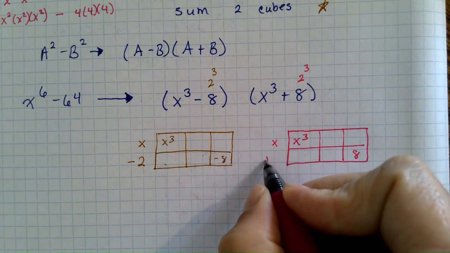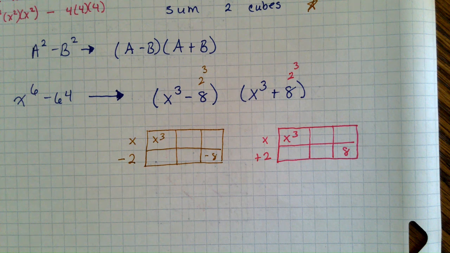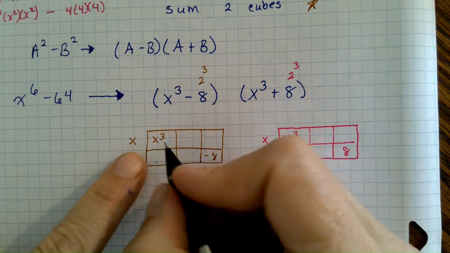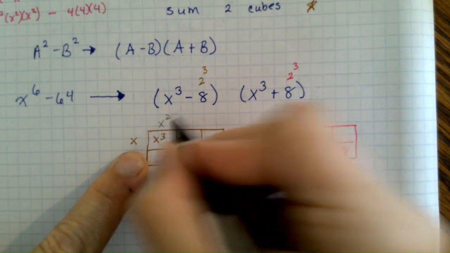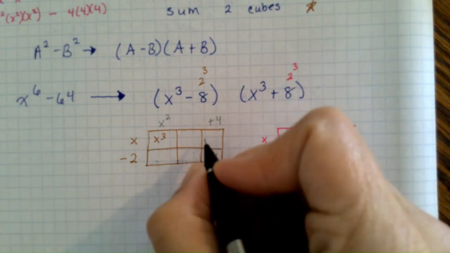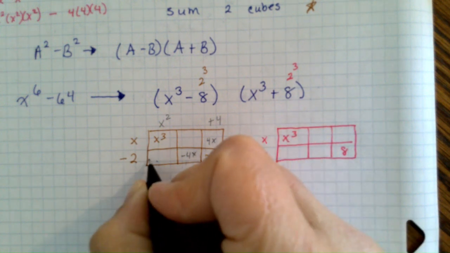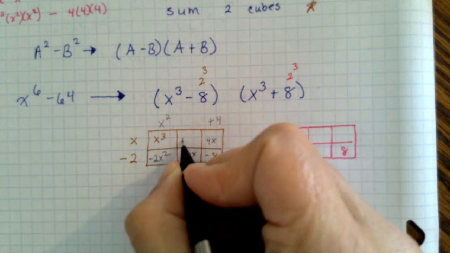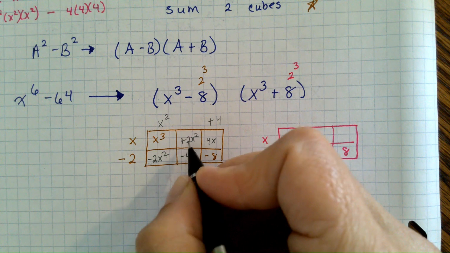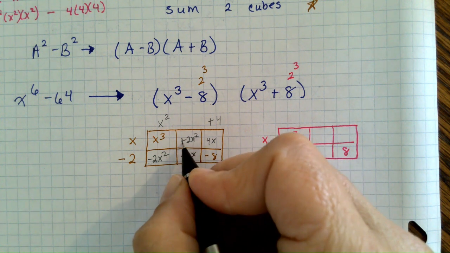And we know that's x plus 2. And again, this is part of factoring completely, not just factoring. So we know this needs to be an x squared, and we know this needs to be a positive 4. 4x, so minus 4x. Negative 2x squared, so positive 2x squared. They both divide by 2. They both have an x. Closest box is positive.